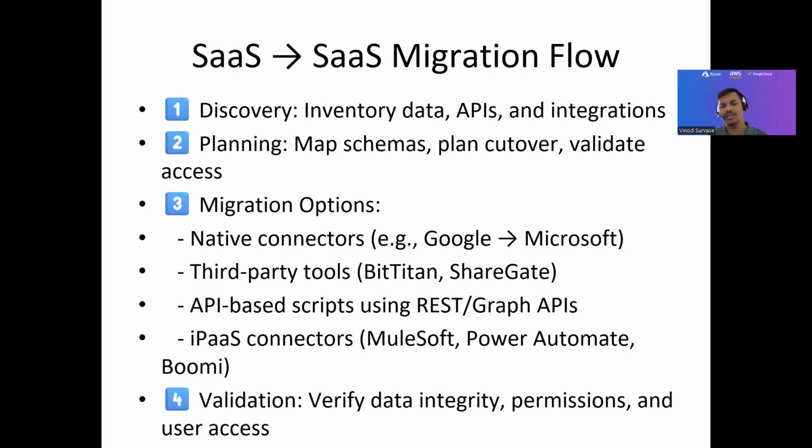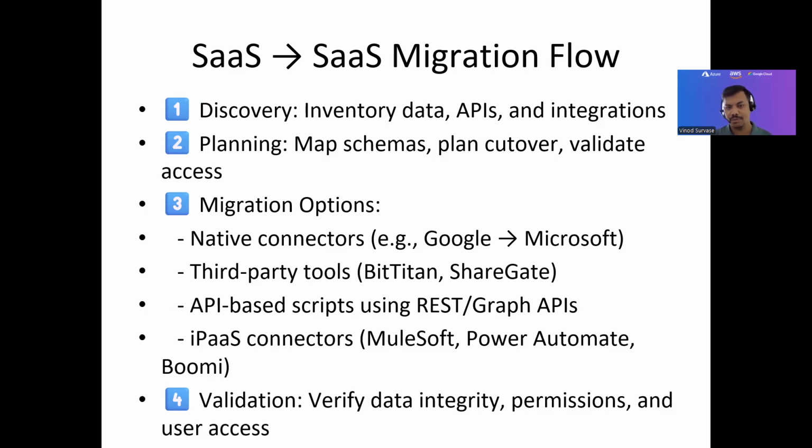On the migration options, we can start with the native connectors or tools, because many SaaS-based solutions do also provide different connectors for migration scenarios, right? Either those are the inbuilt connectors in that respective platform, or they can be used via third-party tools, like BitTitan, ShareGate, and many others in data migration use cases.